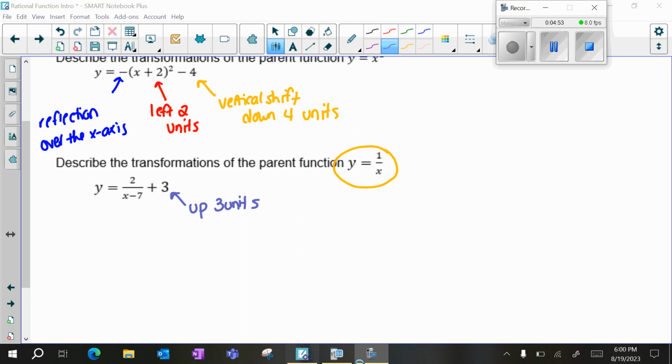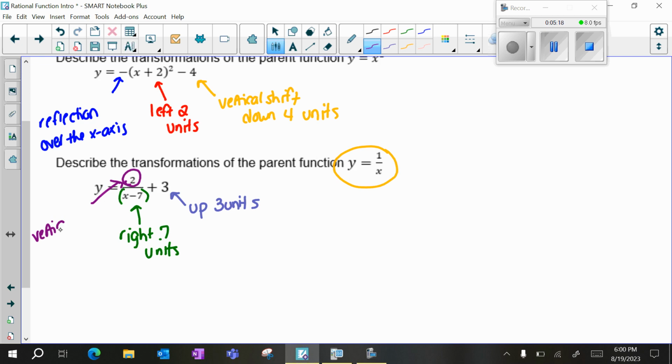If you want, you can put this x minus 7 in the denominator in parentheses to make it a little bit more obvious, but this minus 7 on the inside is going right 7 units. And then this 2, whatever's in the numerator, is like your vertical stretch.